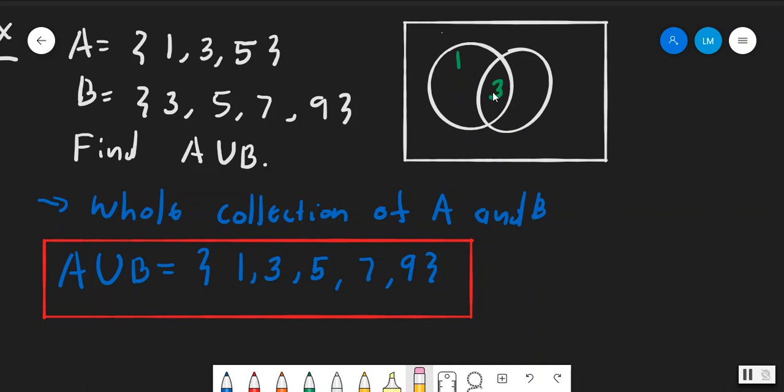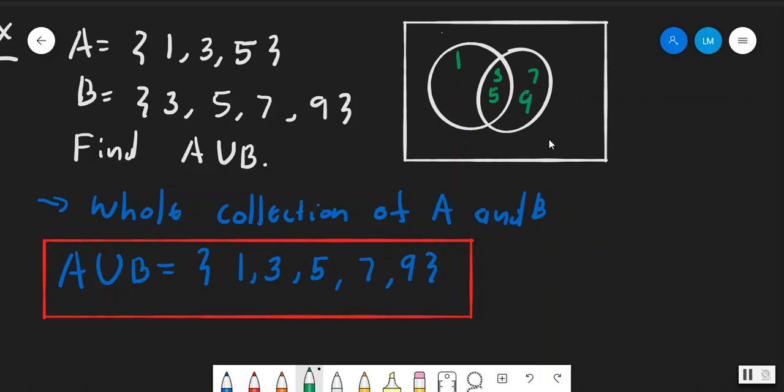So let's just delete this really carefully. I'm sorry, we're going to put a 3 there, and then a 5 there. So it looks like there's only one element outside of the intersection. Out here we have a 7 and a 9.